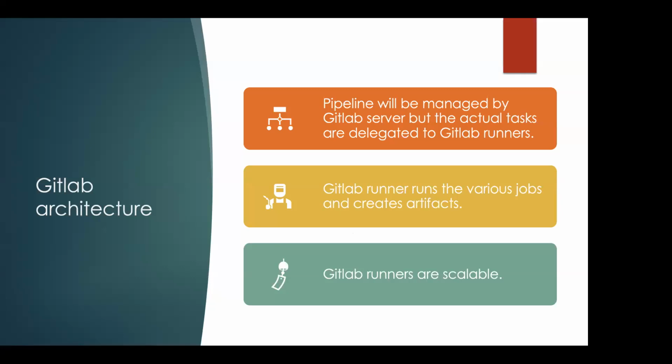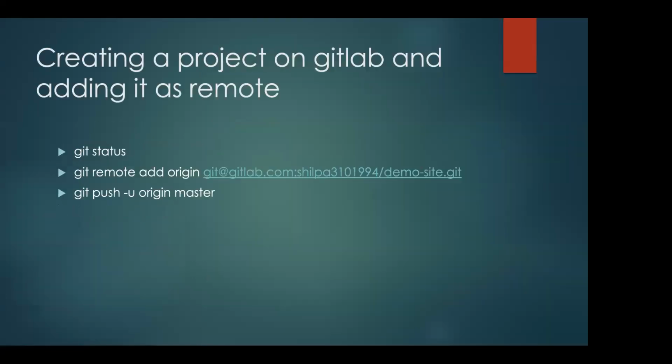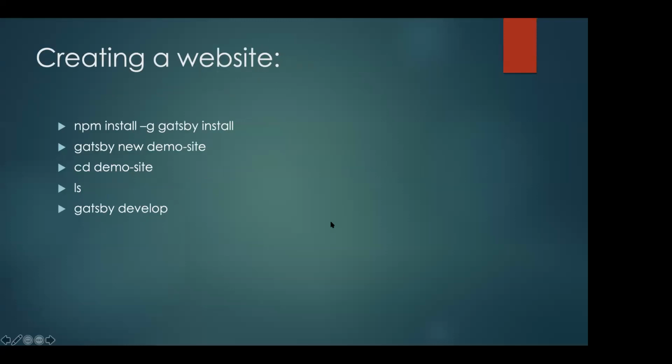By default, for the pipeline that we created now, GitLab itself will give you a set of GitLab runners. Now it depends on you. You can add runners from your side, depending on the requirement of your pipeline. So this was just a basic pipeline that we created, our first pipeline.